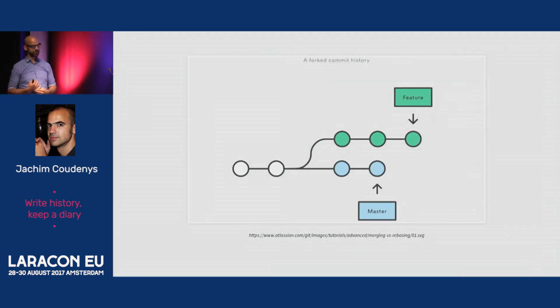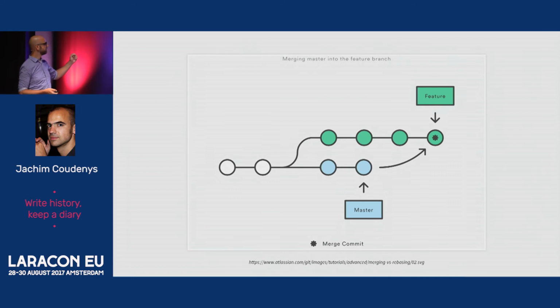So the difference between a merge commit and rebase. Here we have master, which is 2 commits ahead of where we started our feature branch. If you want to include the changes of master in your feature branch, you can do git merge master, but that will create a new commit in your feature branch, and it's not nice.